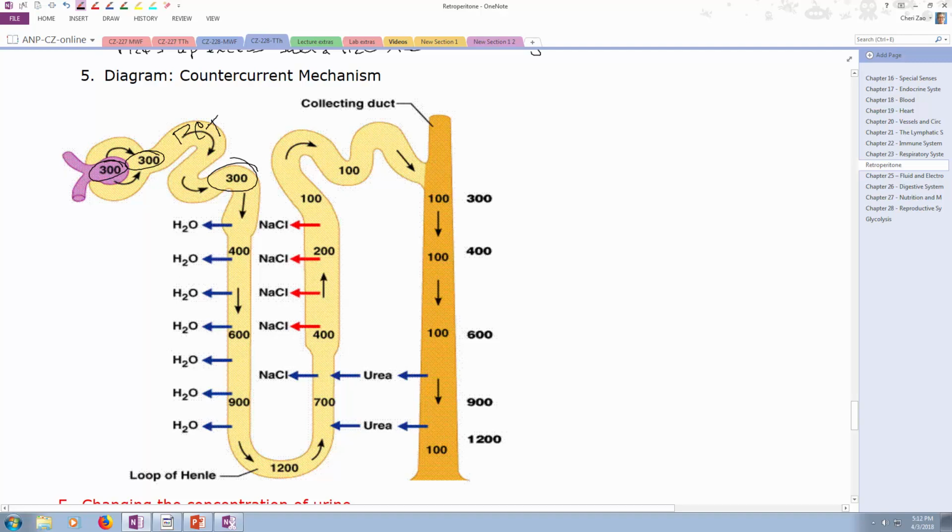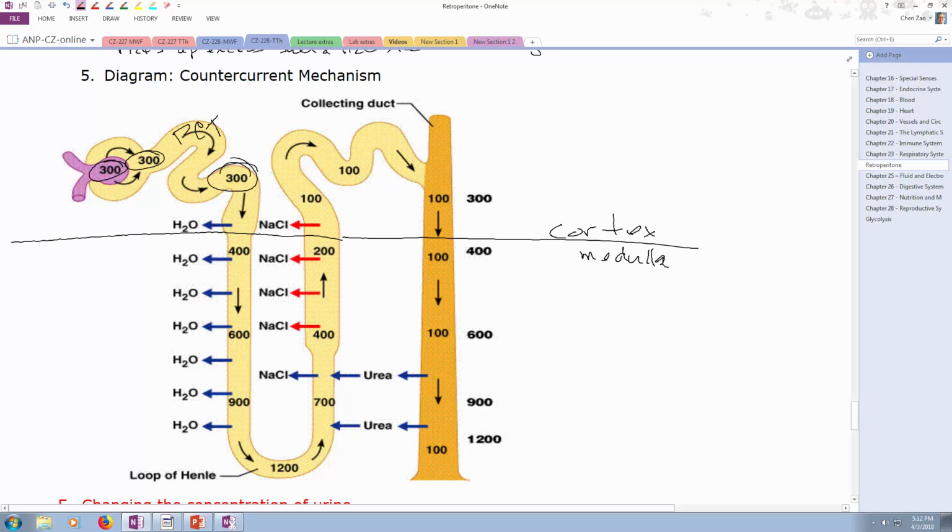So as we then go down into our nephron loop, into a pyramid now, because when we're here, we're actually in a pyramid. This is cortex. This is medulla, or pyramid. When we go down, our descending limb is freely permeable to only water.